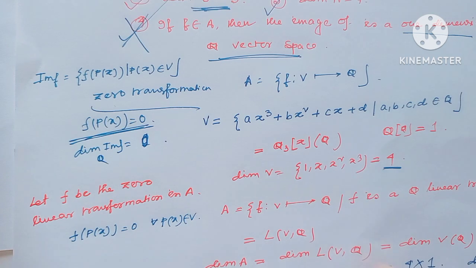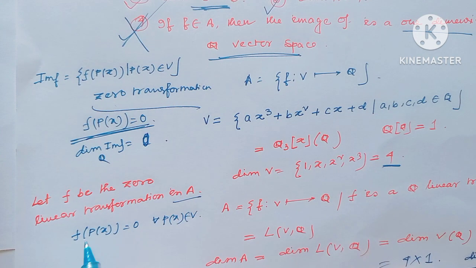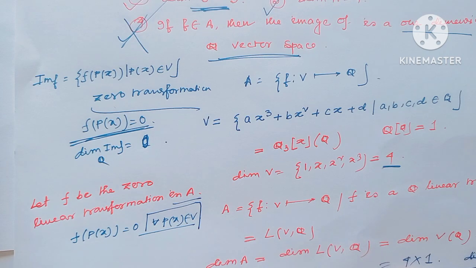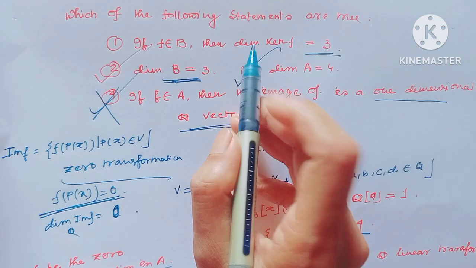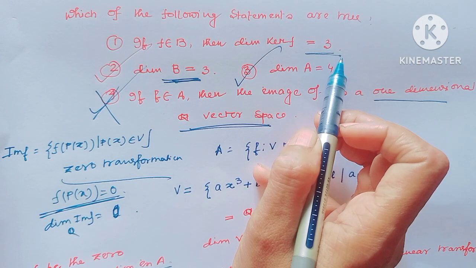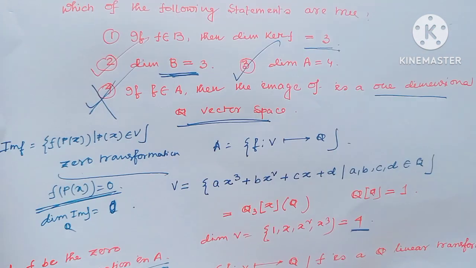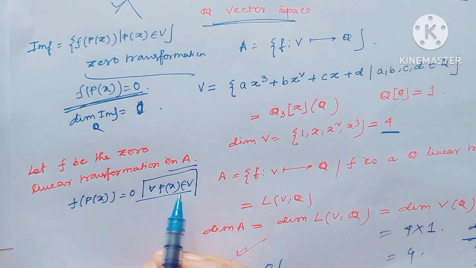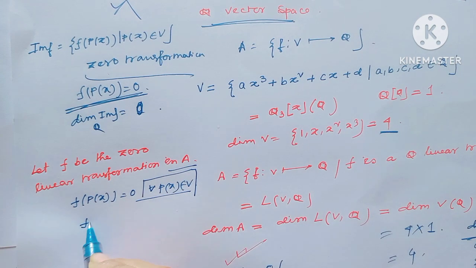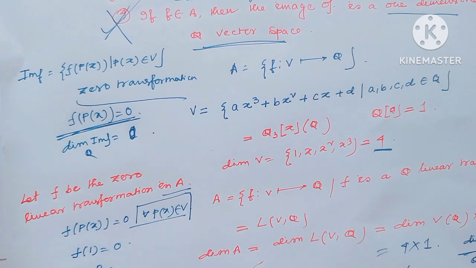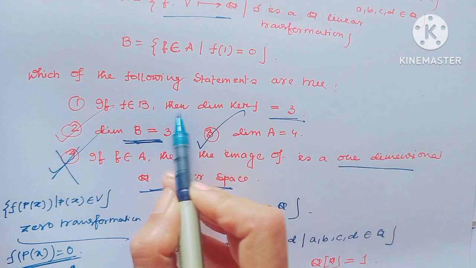Similarly, consider f to be the zero linear transformation in A. That implies f of p(x) equals 0 for all p(x) belonging to V. Since B means f of 1 equals 0, this also holds, so f belongs to B. Our construction is right.